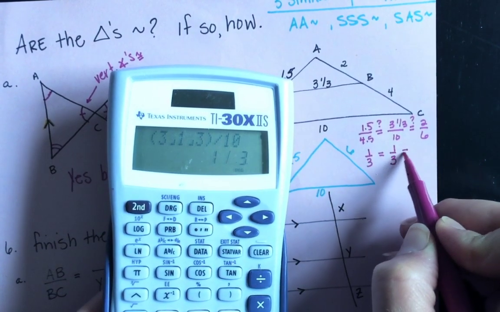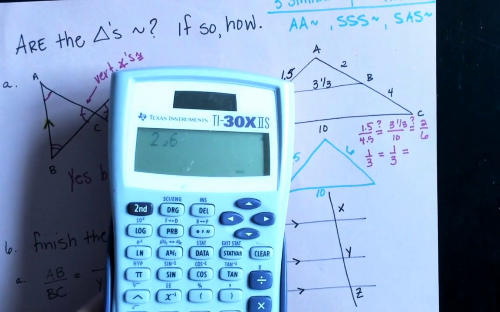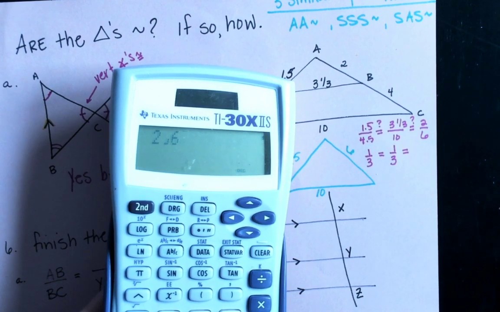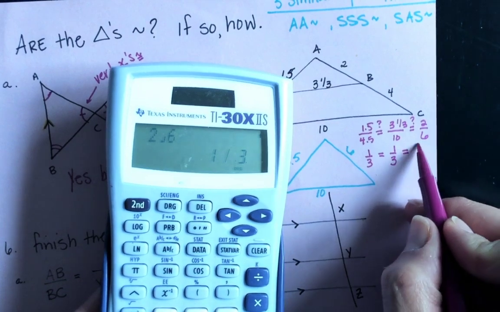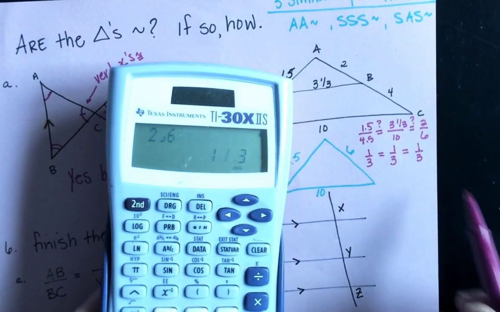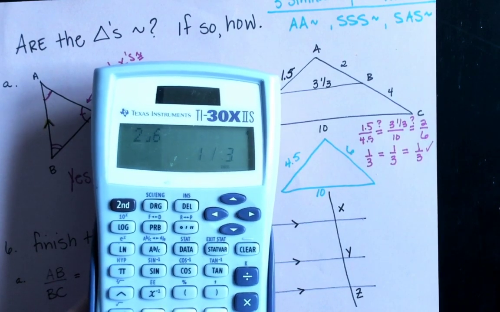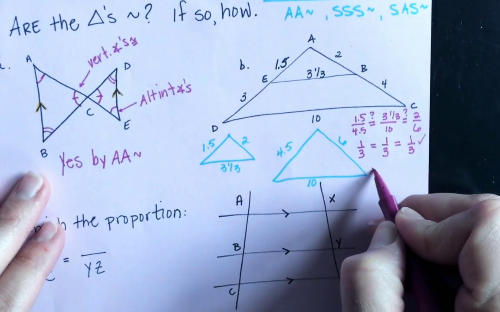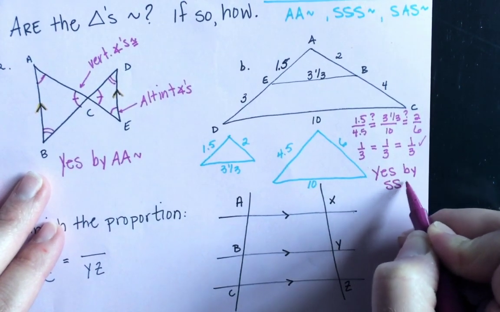And if I can't reduce whatever that fraction is, which I am certain most of us can, I can put 2 ABC 6 in my calculator and push enter, and it reduces it for me, and I end up with 1/3. So what I just found out is it does check. All three sets of corresponding sides are in proportion. So my answer is yes, by side, side, side similarity.